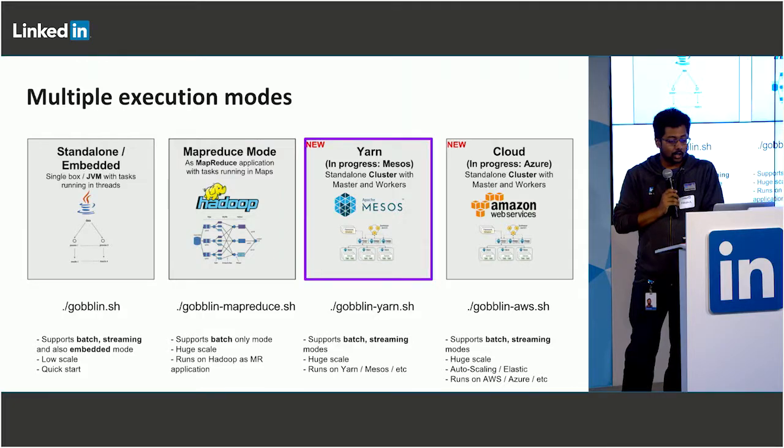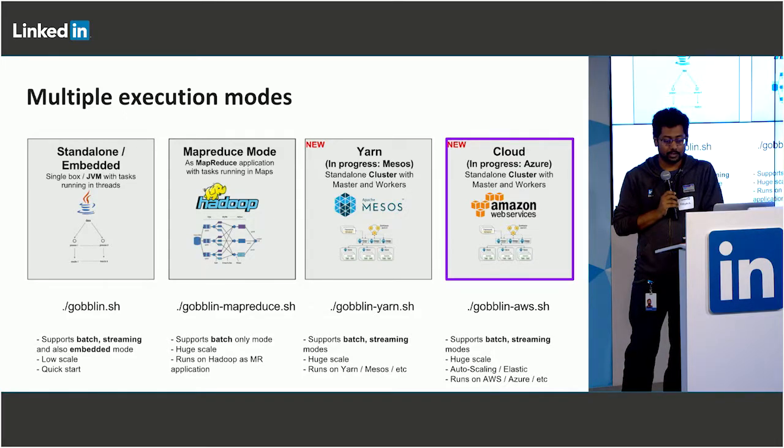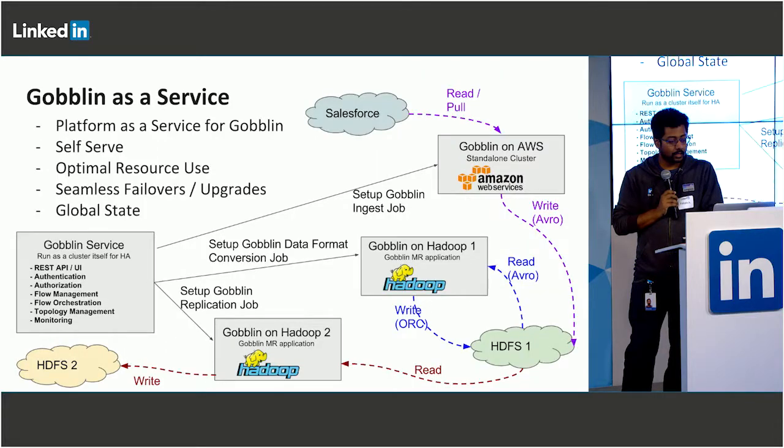Or you can run in cluster mode on Yarn, and Mesos is in progress. Someone in the community is actually driving that. Or you can run as an elastic cluster on AWS, and Azure mode is also in progress. And someone in the community is driving that effort as well.